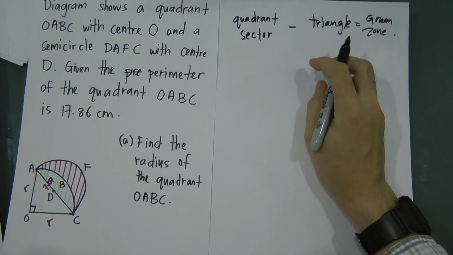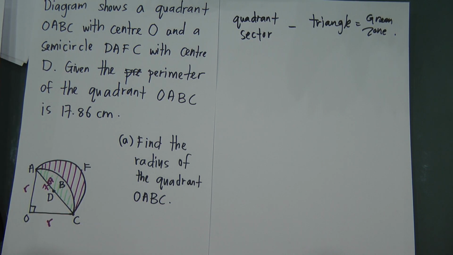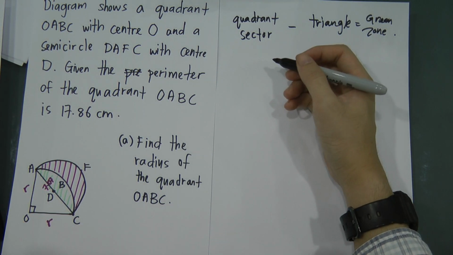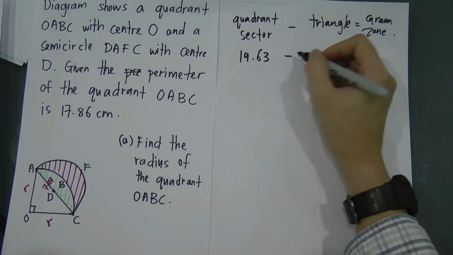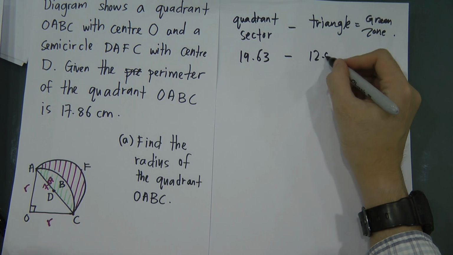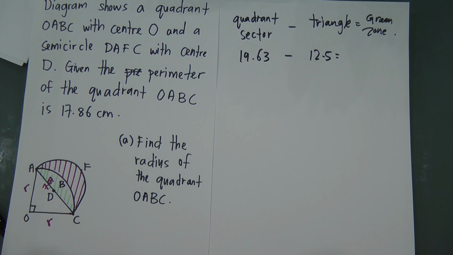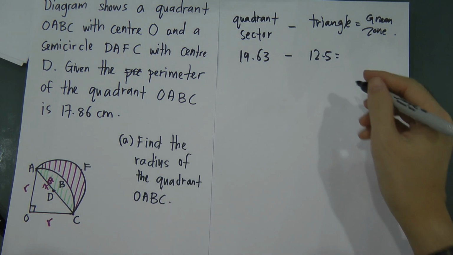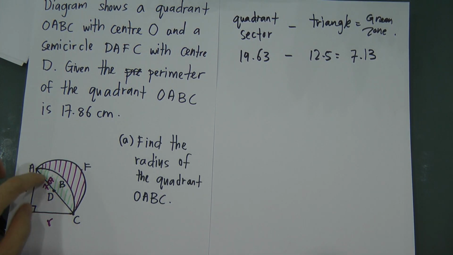Just now we got the quadrant equals 19.63, minus the triangle 12.5. Let the calculator do the job: 19.63 minus 12.5, we have got 7.13, which is the green zone over here.